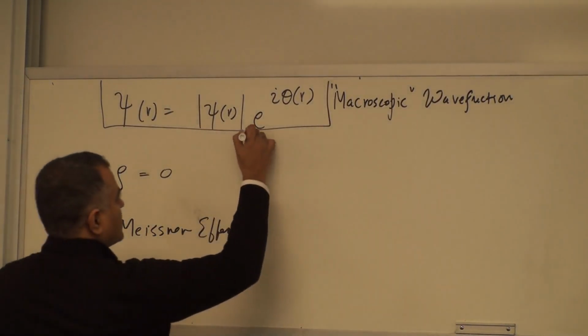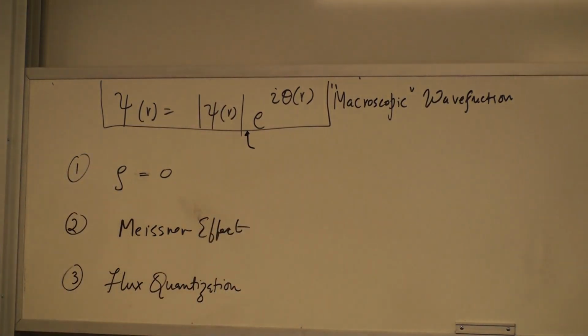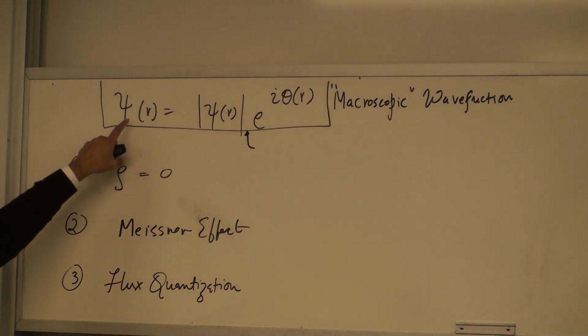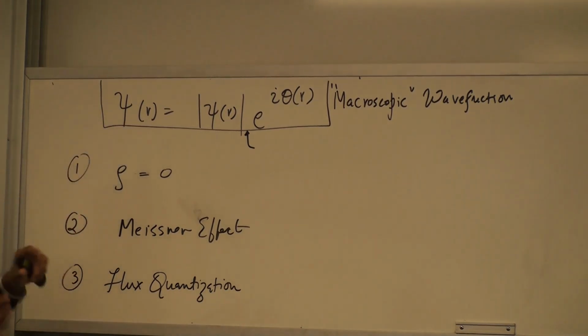So another way to think about this is because mod psi squared in traditional quantum mechanics is the probability density of finding a particle at some point r, right? Here it's macroscopic though, right? So if I take mod psi squared, what should I get here? I should get the total number of particles, or the density, if you might, right? This is not a probability anymore. It is actually the number density per centimeter cube of particles.